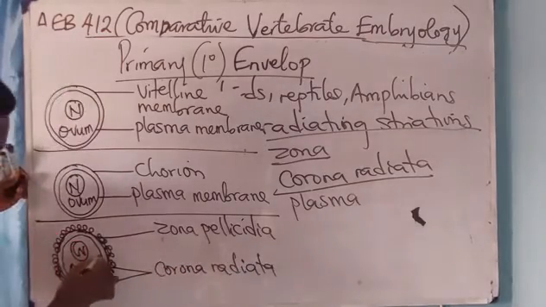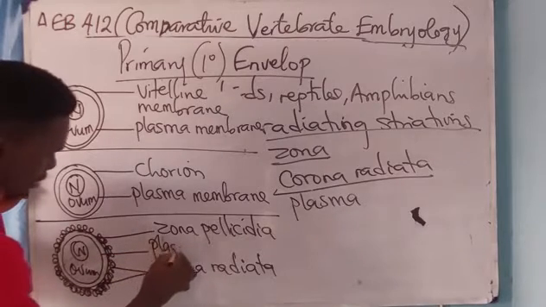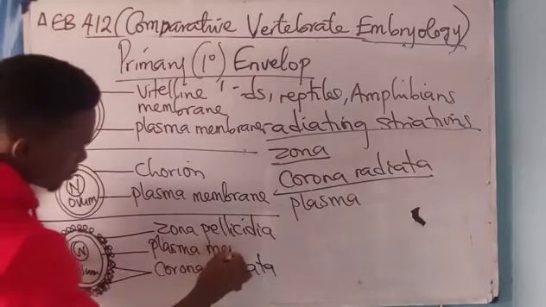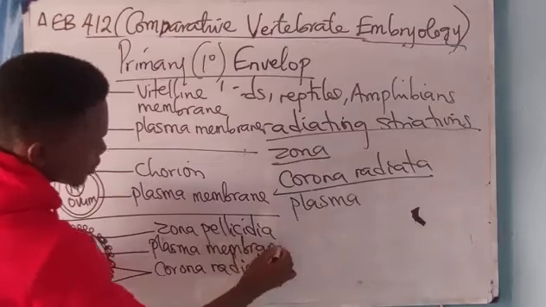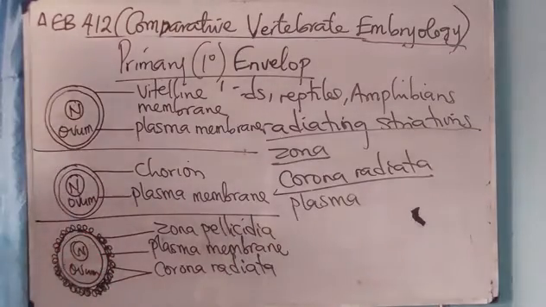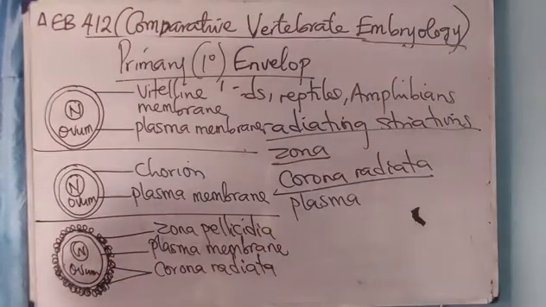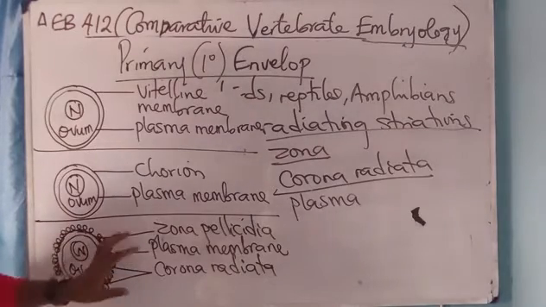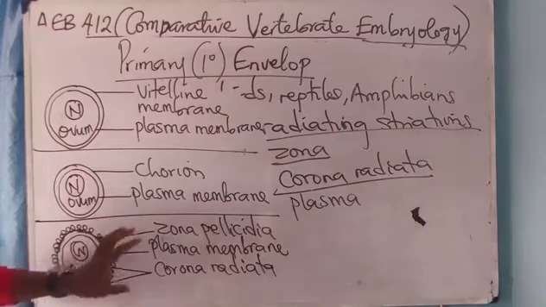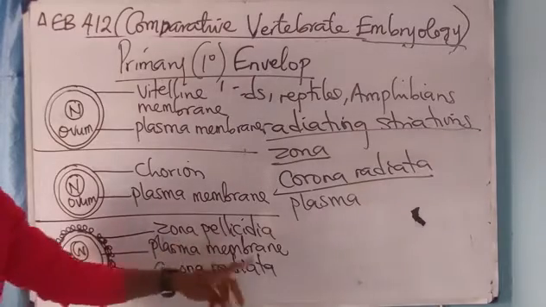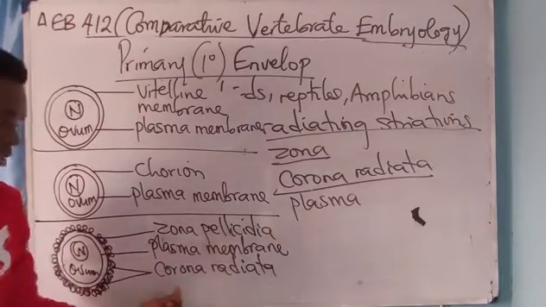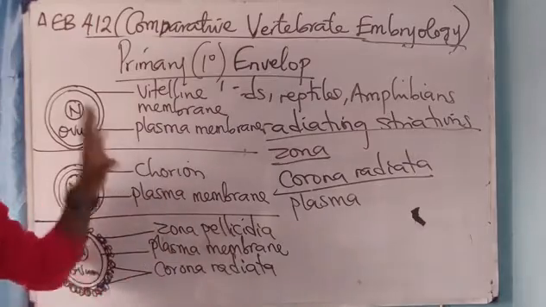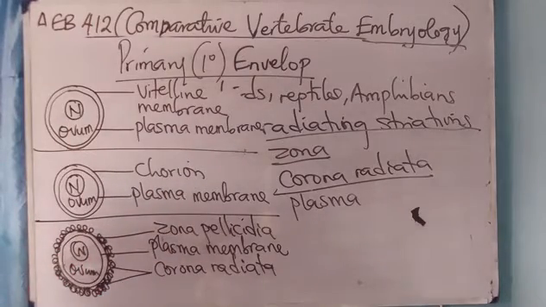Definitely the inner membrane is called what? Plasma membrane. So all these I've given us are primary envelopes. Take note of it. This one is found in mammals: the egg of a mammal has zona pellucida, plasma membrane, and corona radiata. Just mammals.